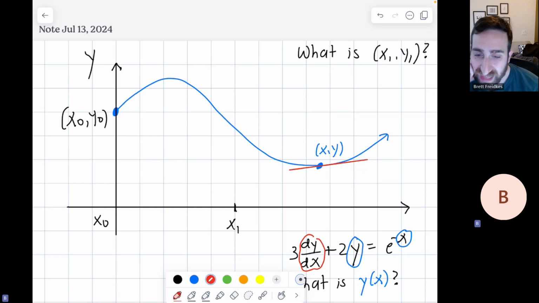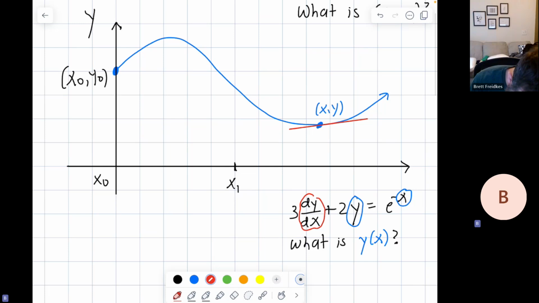We're trying to find the y that satisfies that equation, which says that if I multiply the value of y at a given x by 2, we take that given x and exponentiate it here, and then also find what the slope is or the derivative is at that same point, that equation would be true. So this is the thing that we always look for, is this blue curve, the answer.